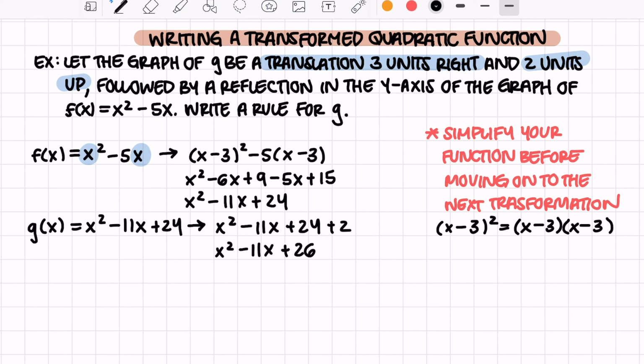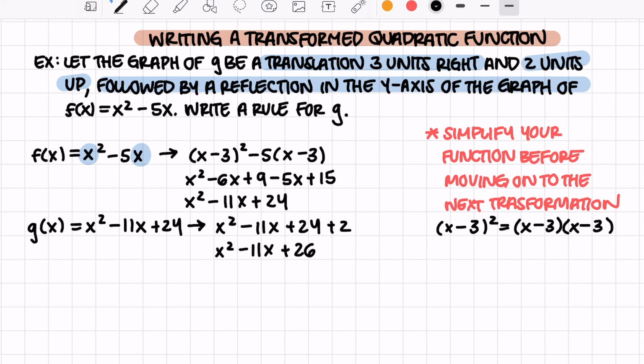Done. Okay, the next one says that we're following it up by a reflection in the y-axis of the graph. So if I'm going to follow it up with a y-axis reflection, that means I'm not multiplying negative 1 to our entire function. I'm only multiplying negative 1 to our x values.